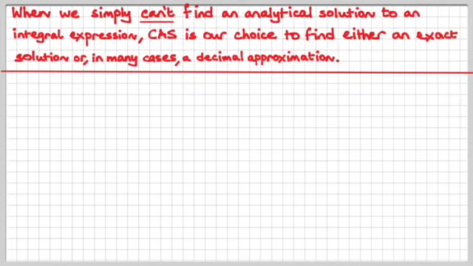But sometimes it does give us an exact answer, and I've chosen 2 examples where it actually does. A lot of integration can't be done analytically, or is certainly beyond the scope of our course, and you've got to be able to make the value judgment in the exam about what to do. Can I do this, can't I, what's the simplest way, what's the quickest way, and all of that comes with practice.